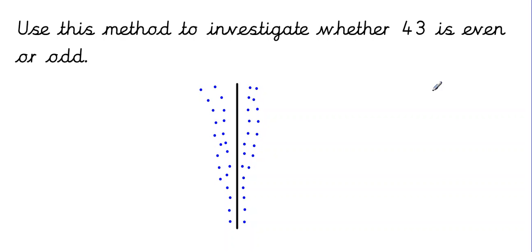Okay, so I've got to my number 43, so I can stop counting. So now what I'm going to do is I'm going to add up each of my groups.